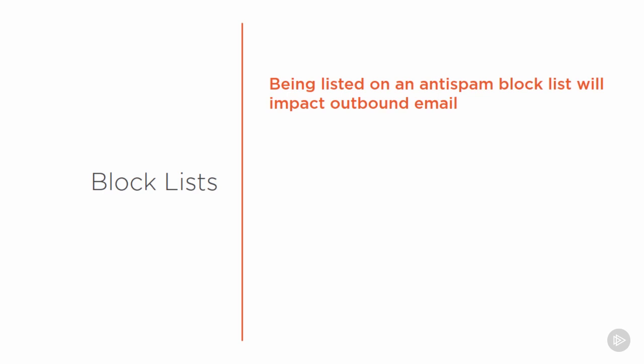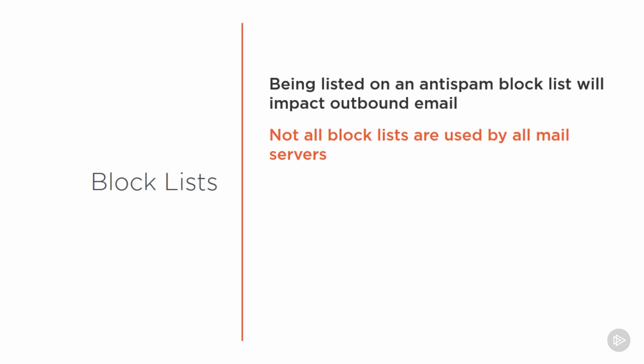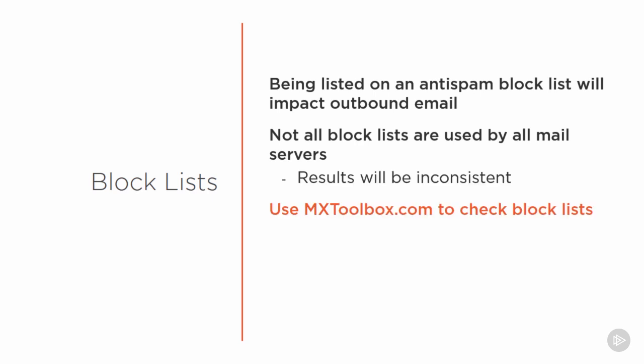There's a lot of block lists available, so you won't always find that you're listed by every block list, and since not every mail server checks every block list, you might not even notice that you've been blocklisted because most of your outgoing mail might just continue to work. Most block lists will provide a reason for your listing, including some incident details, and give you the chance to clean up your issue and be delisted, unless you're a repeat offender. You can use mxtoolbox.com to query many block lists at once and see if you're listed on any of them.